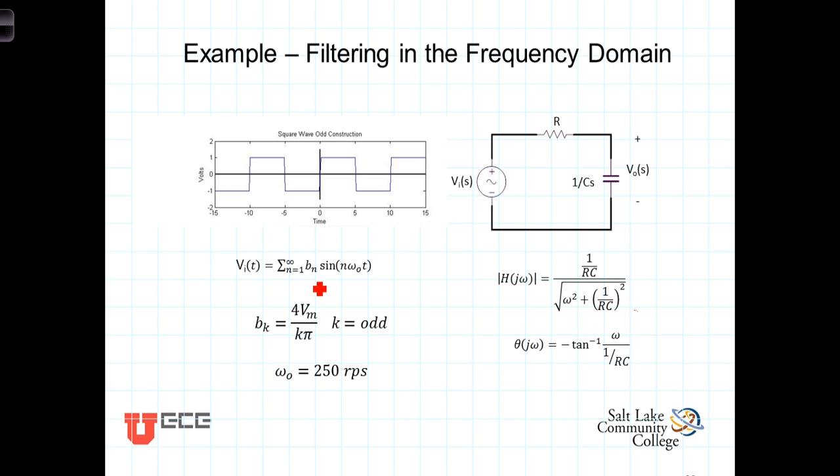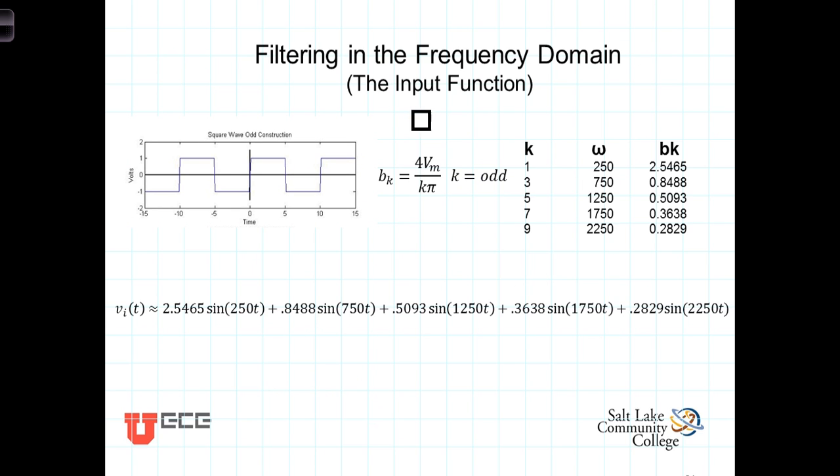So, the b sub k's for a square wave are equal to 4 times V sub m divided by k times pi, where k is only odd values. So k equals 1, 3, 5, 7, 9, and so on. And for this square wave, omega naught is equal to 250 radians per second. For the input function, b sub k again is equal to that.